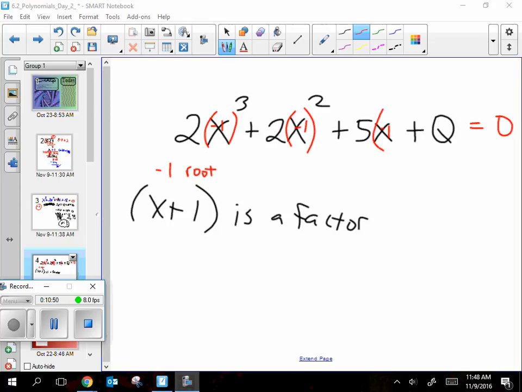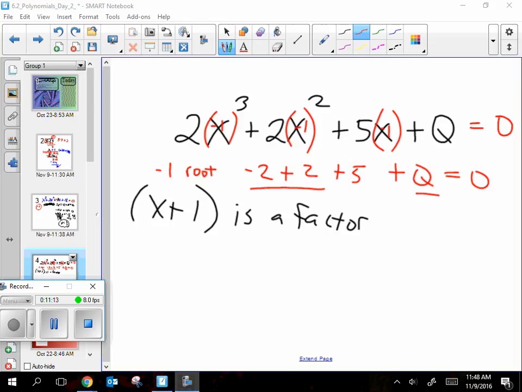And here. And I get 2 times -1 makes -2. And -1 squared is +1 times 2 is 2. And this one makes 5, and then plus Q equals 0. And I can look at this and go, well, that's going to equal 0, so that has to equal -5.